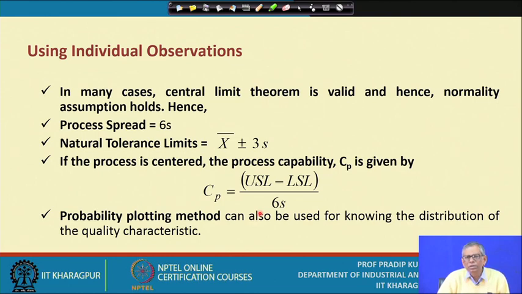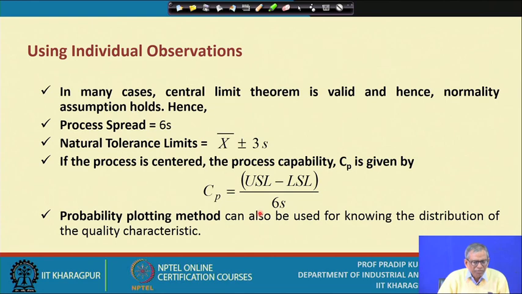The central limit theorem states that whatever the distribution of x as a random variable, the distribution of any statistic of x, whether it is a mean or a standard deviation, may be assumed to be normal when the sample size is very large. So we are dealing with a large sample size in running production systems.